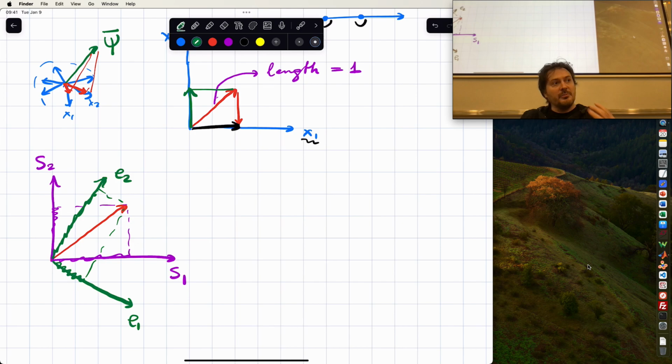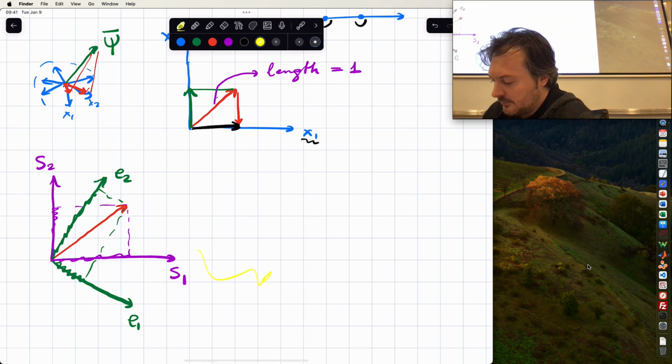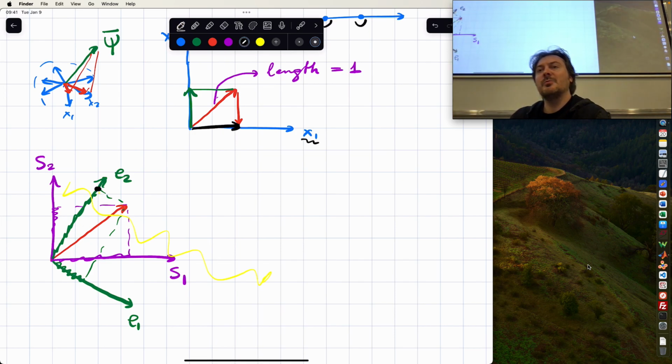But your measurement outcome depends on how much shadow the wave function has on your particular basis. Okay? Shadow is projection. Shadow is just, if I put light from here, where does the shadow fall? Okay? I mean projection.